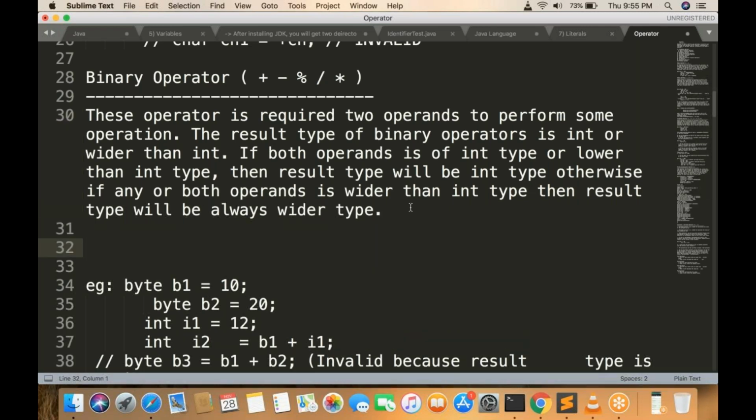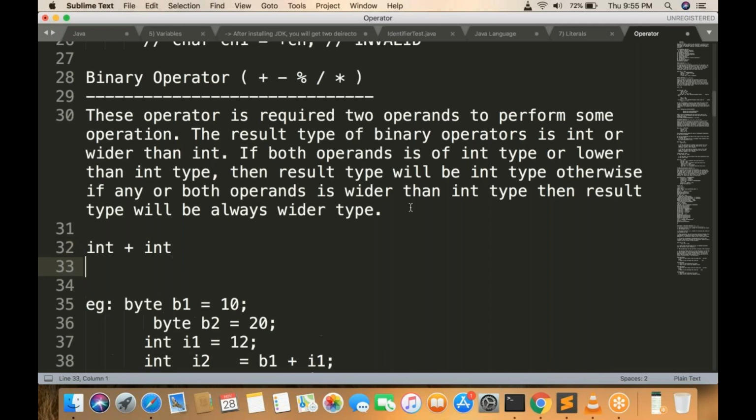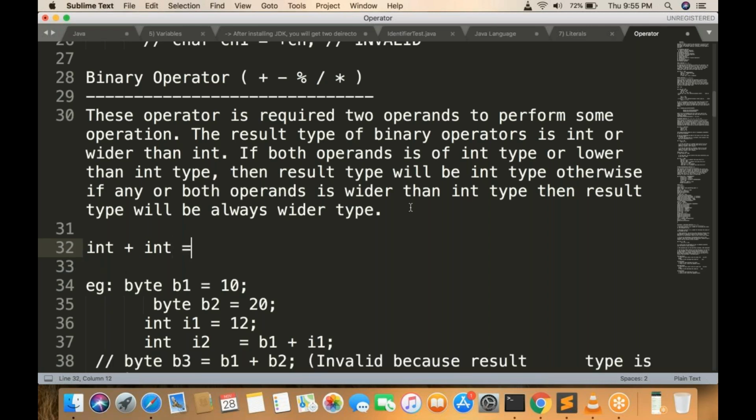Suppose int plus int, which is nothing but 10 plus 10. Your result type would be int.